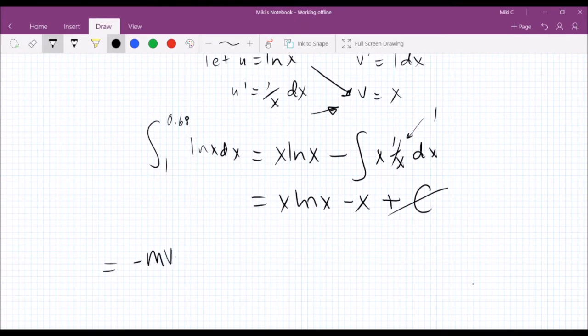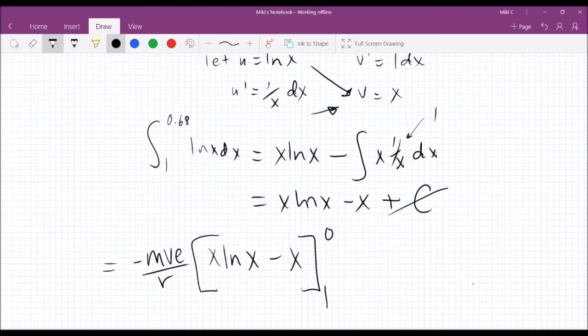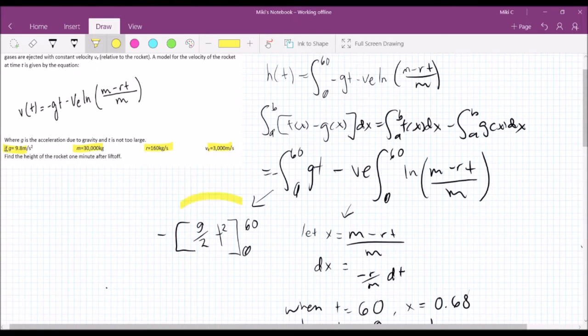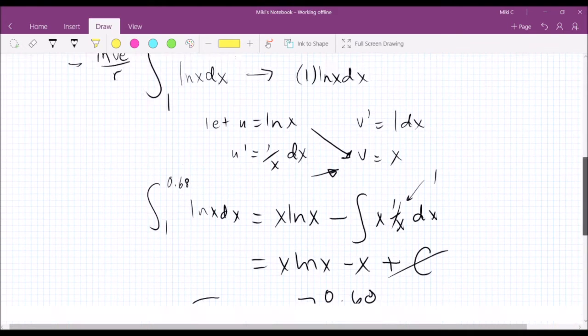m v e over r, because you remember we took this out as it was a constant, it was in front before, so this is x ln x minus x inside, and it is from 1 to 0.68. And if we go up and look over here at what we had before, this part right here, we're just going to take this and rewrite it down here.